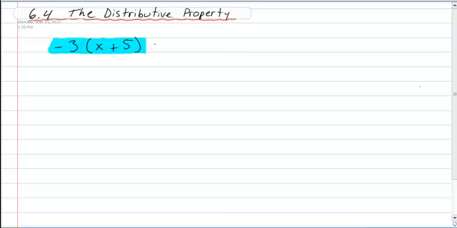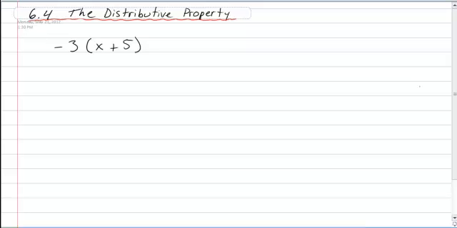An equation, it becomes an equation when we add a second side to it. This is now an equation, but right now, just as it is, negative 3 times x plus 5 is an expression.